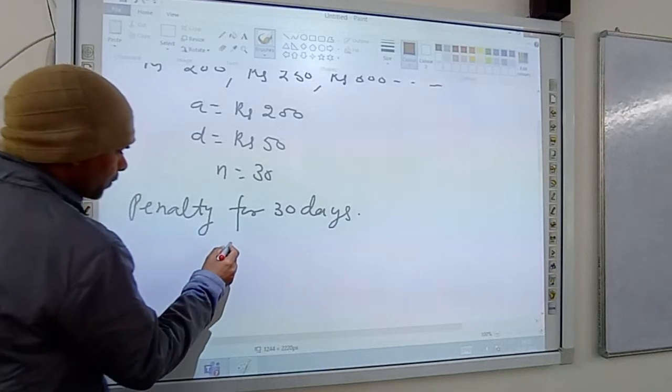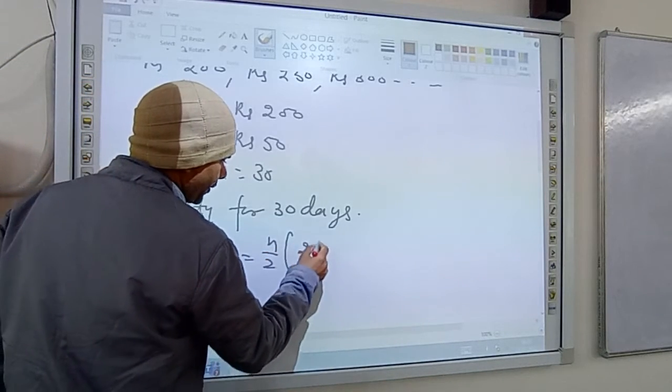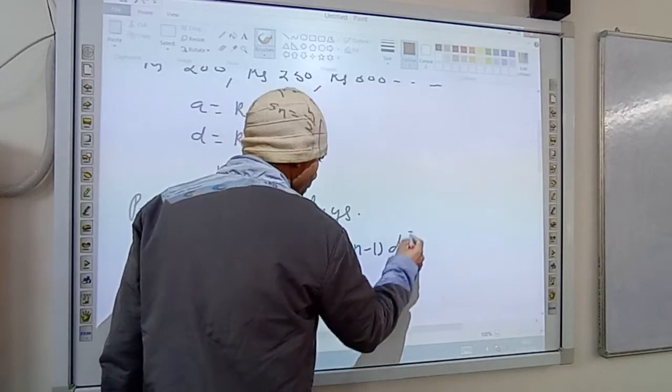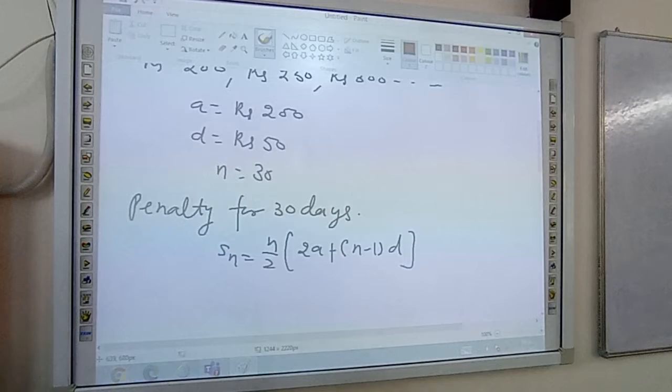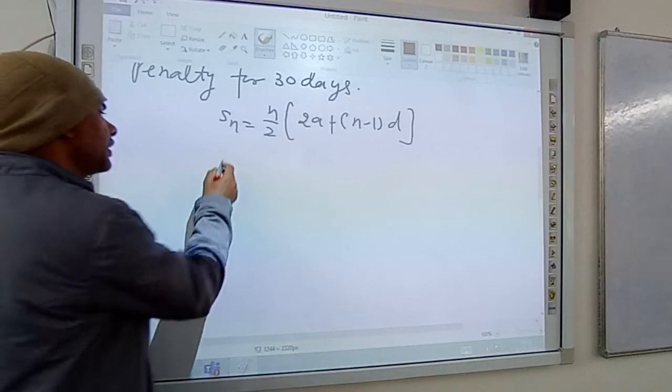Sn is n upon 2 into 2a plus n minus 1 into d. Now put the values and find the penalty for 30 days.